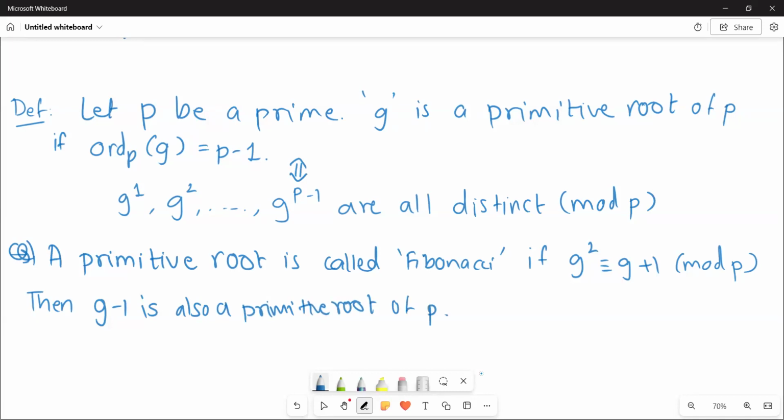Oh yeah, and a primitive root will always exist for any prime, or a number of the form 2 times a power of prime.